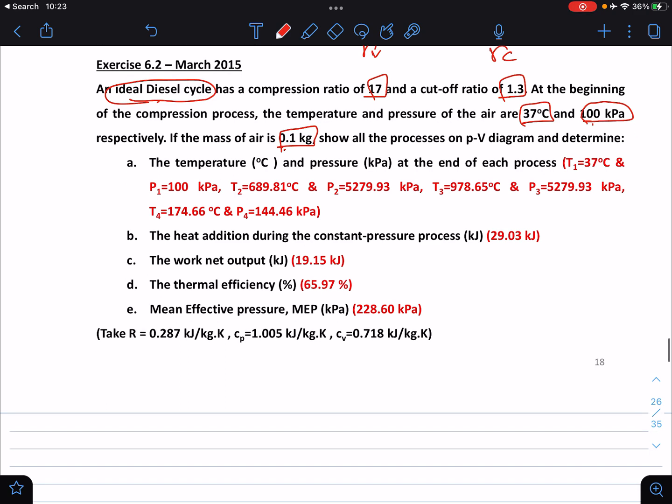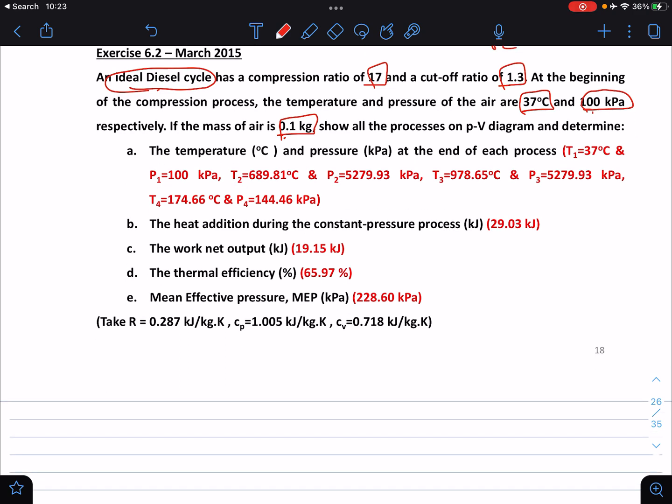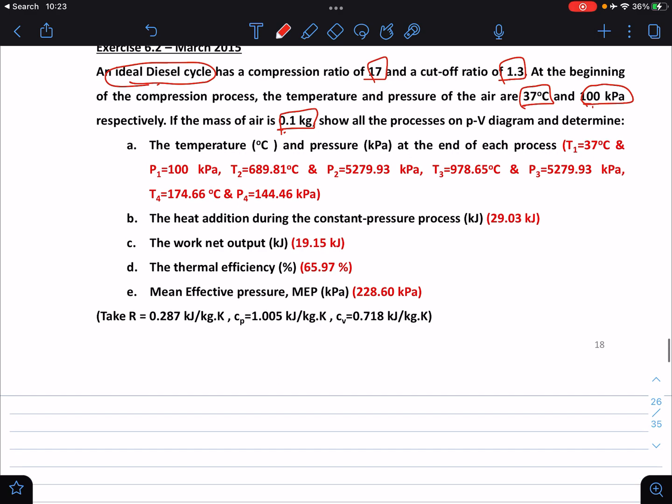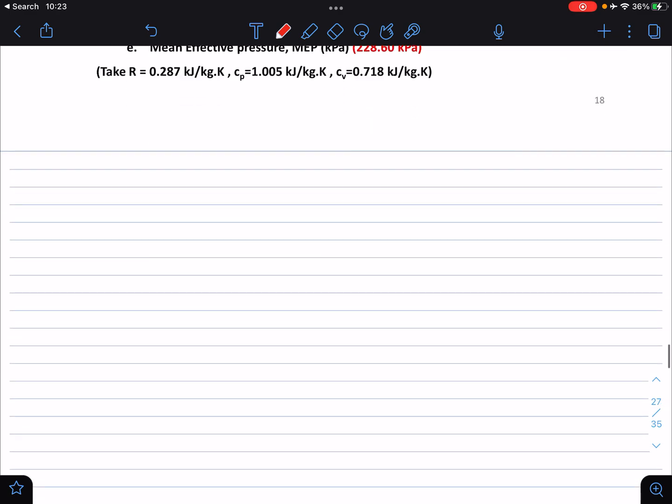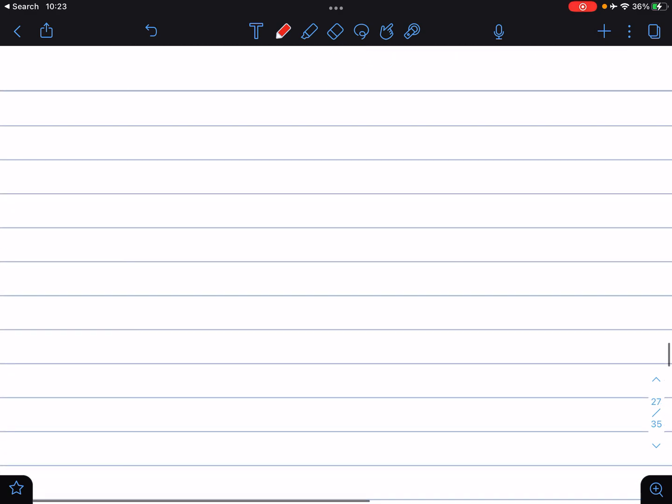When you get this kind of diesel cycle, you need to plot the PV diagram first. No need to get confused with other modifications, because when you know this is a diesel cycle, just sketch the PV diagram straightforwardly.